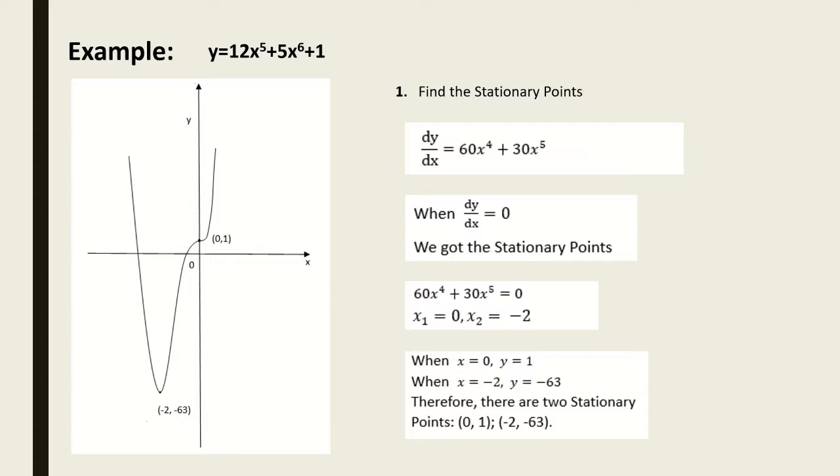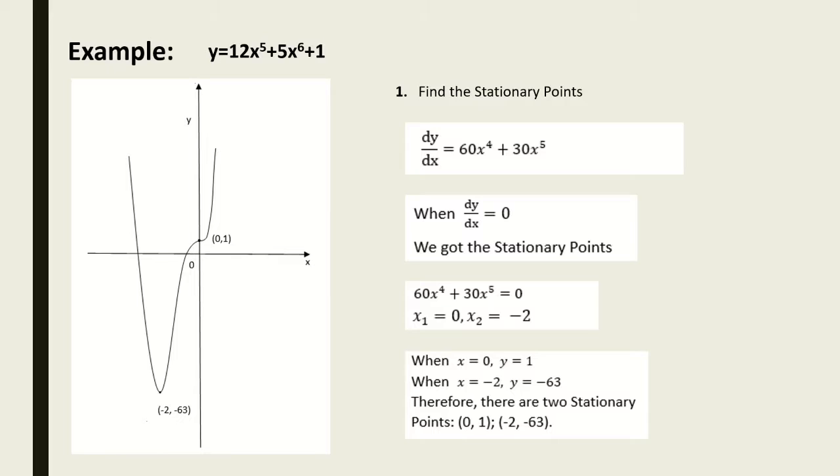We can roughly sketch a graph of this function to help us explain what's going on in this particular question. Hence, there are two stationary points, (0, 1) and (minus 2, minus 63).